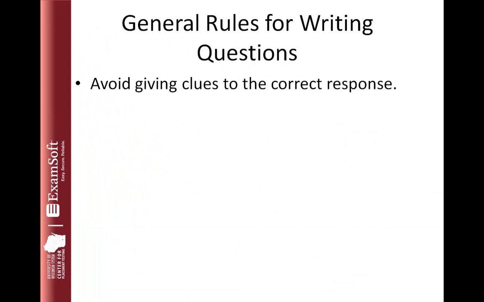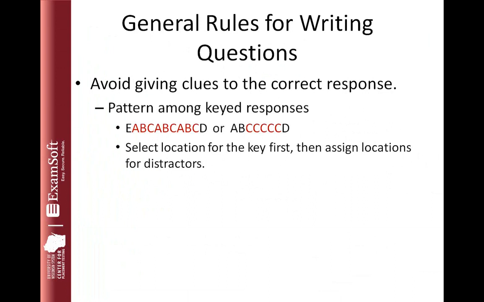We want to avoid giving clues to the correct response, and there are a number of ways in which we may accidentally give away what the right answer is to our multiple choice items. The first is if we have a pattern among the keyed responses or the correct responses. So if our string of correct responses is E, ABC, ABC, ABC, examinees are going to pick up on that.